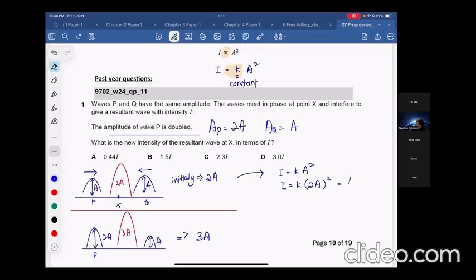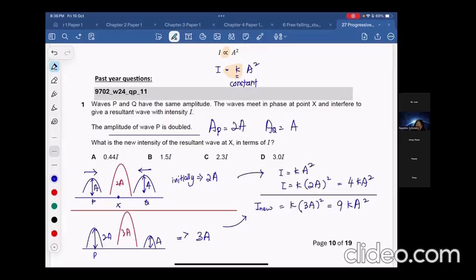So we will get 4KA squared. Do you agree? This is the original intensity. How about our new intensity? Now it's a new case. New intensity: K, our A is 3 amplitude, so we will get 9KA squared. Do you agree?